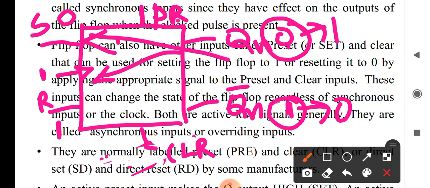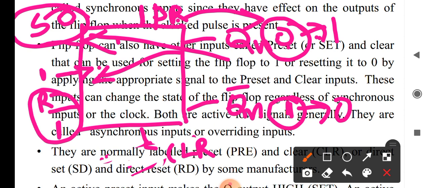So preset can change the output regardless of your S input, R input or clock pulse. Regardless of this, it can influence the flip-flop and change the output.